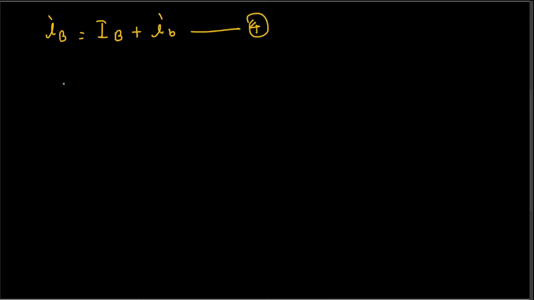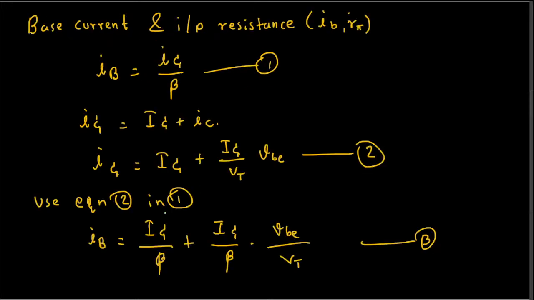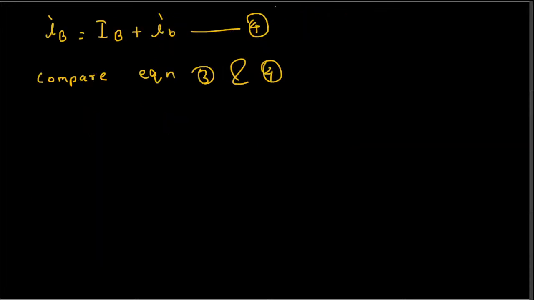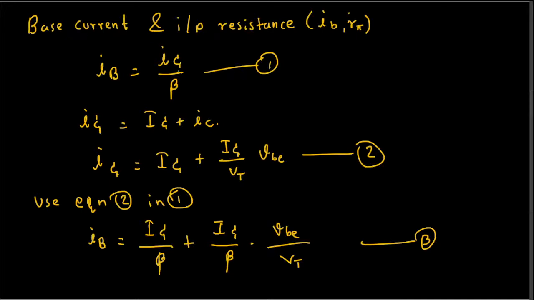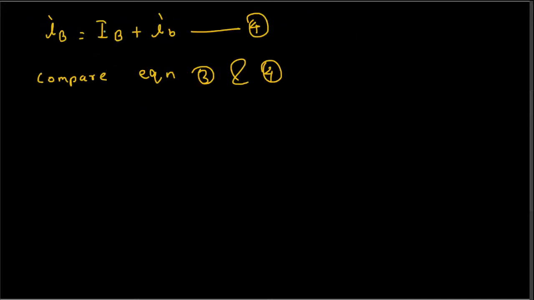Now we are going to compare equation 3 and 4. If you look at 3, we have capital IB, the total current, is equal to IC over beta plus capital IC over beta, VB over VT. For this one, we have the total base current. Here also total base current, that is equal to IB plus small ib, AC plus DC.